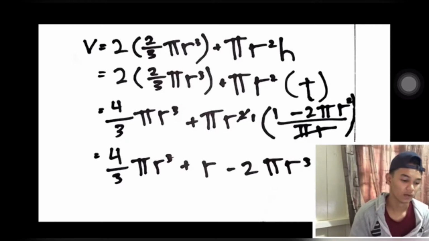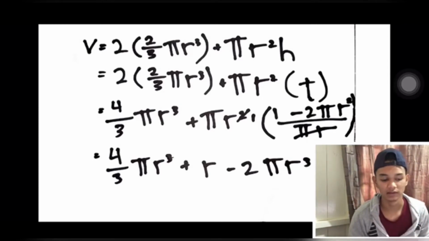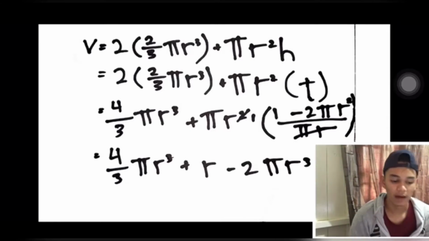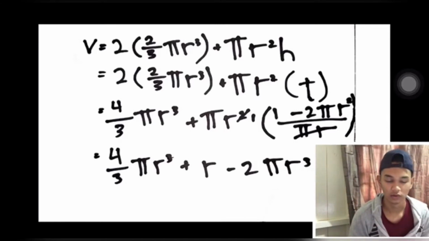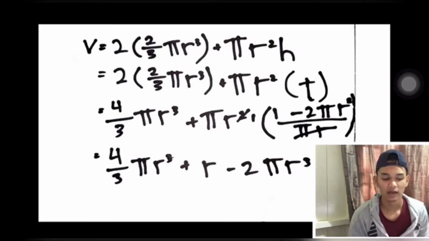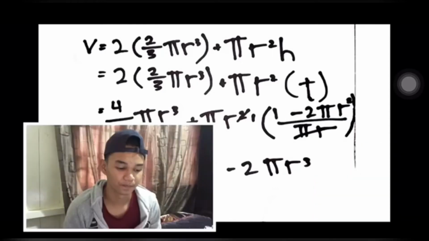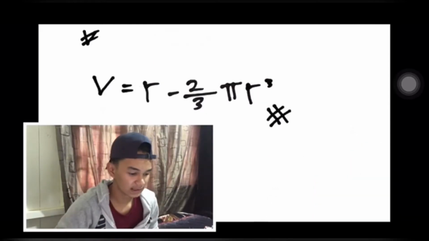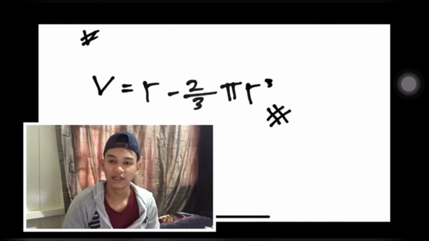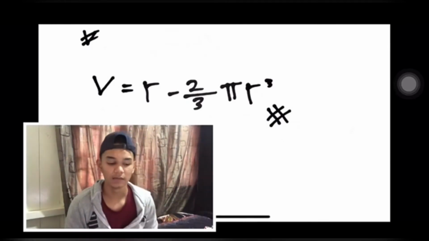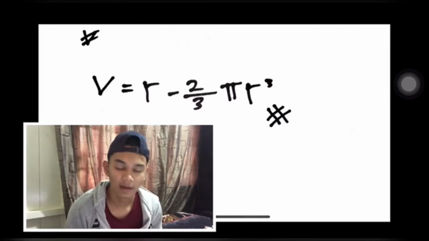So when we solve it, it will be 4/3 pi r cubed plus pi r squared times (1 minus 2 pi r squared) over pi r. So the answer is V equal to r minus 2/3 pi r cubed.